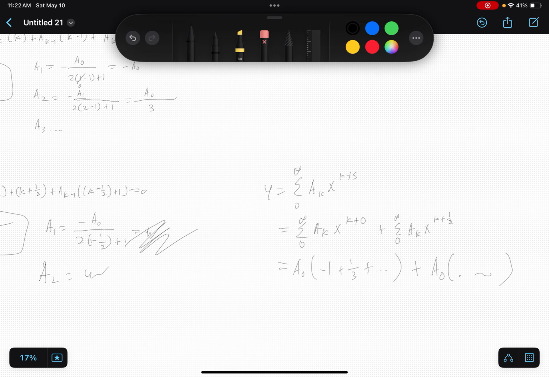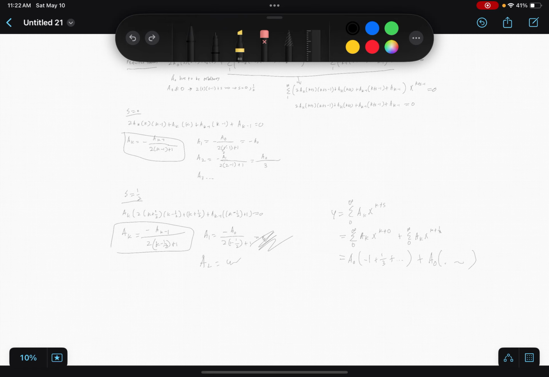I think that's the solution. I don't think this has to be a different a. I think that's fine.